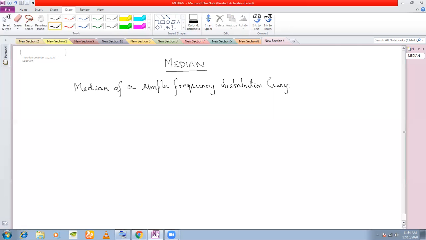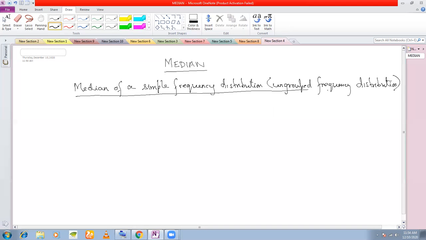Okay, so problem. Question is find the median of the following distribution.